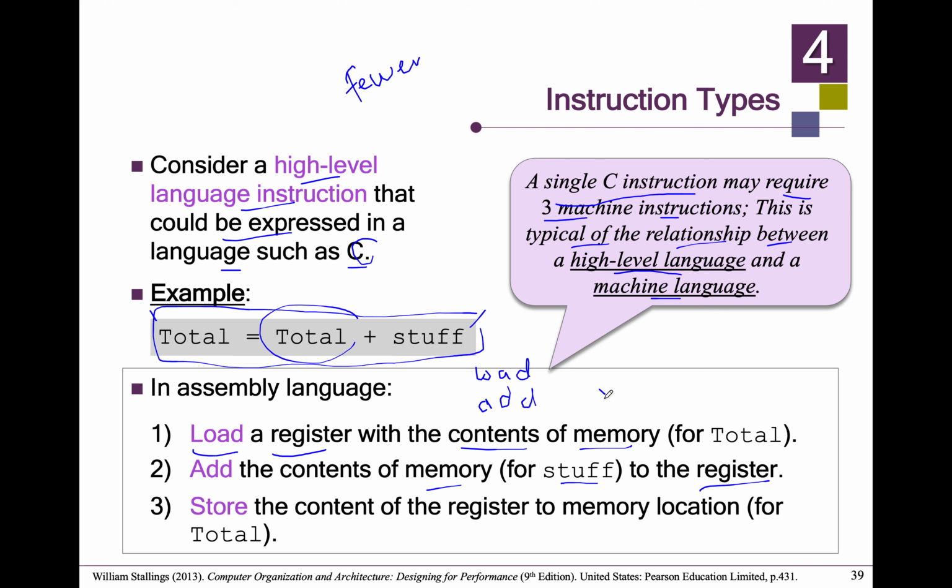So maybe you have stuff and you put it into your register, maybe AX, and you need to store, so you need to move, which is to store the content of your register to your memory location for the total. So you need to move your total, and then let's say your register. So it depends. There are several ways.